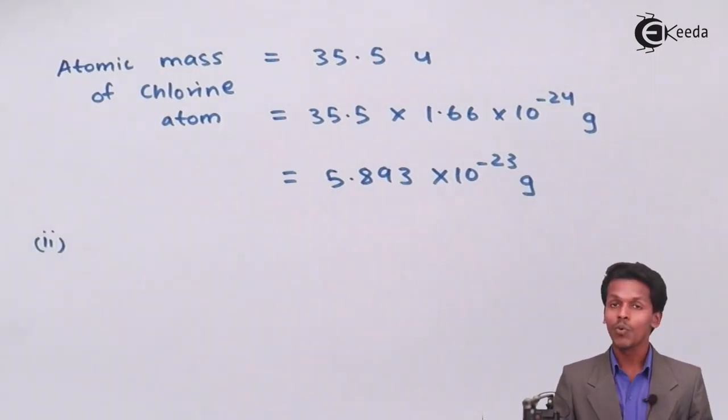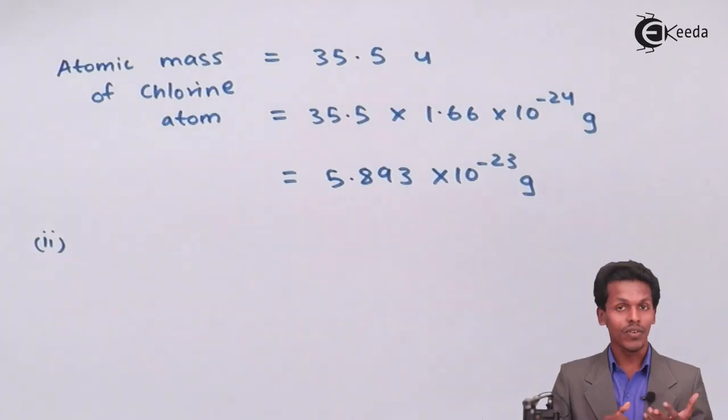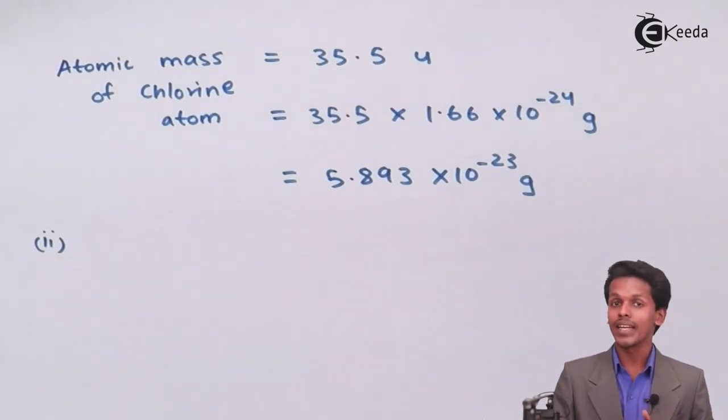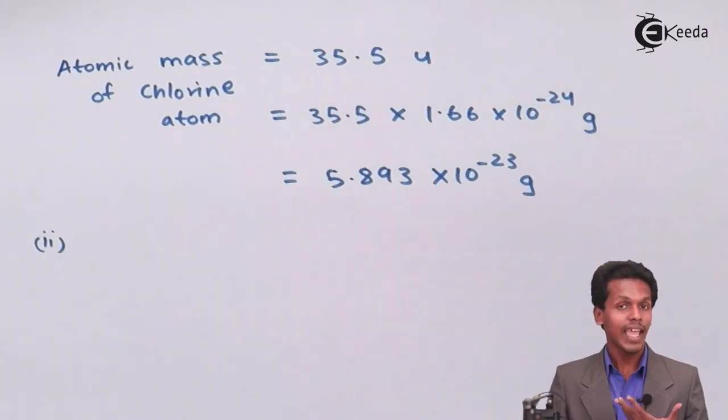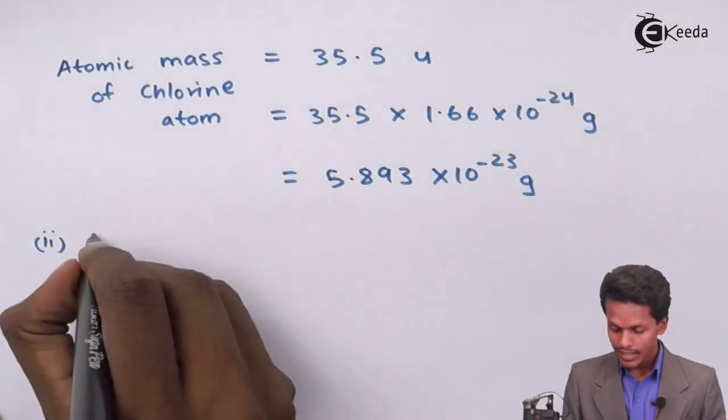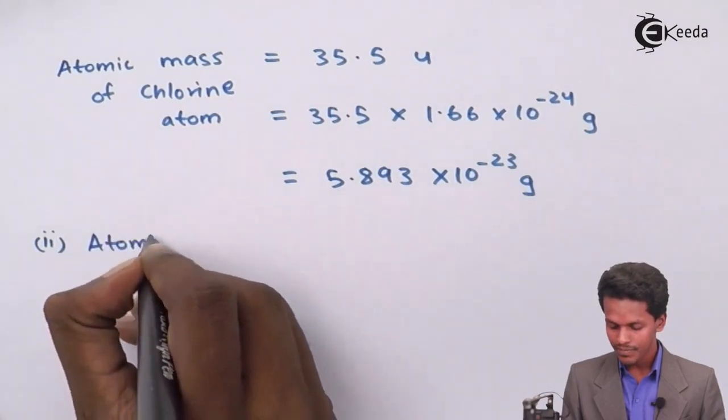And how many atoms does 1 mole of an element contain? It contains 6.023 into 10 raised to 23 atoms. So therefore we could easily calculate what would be the atomic mass of that element.